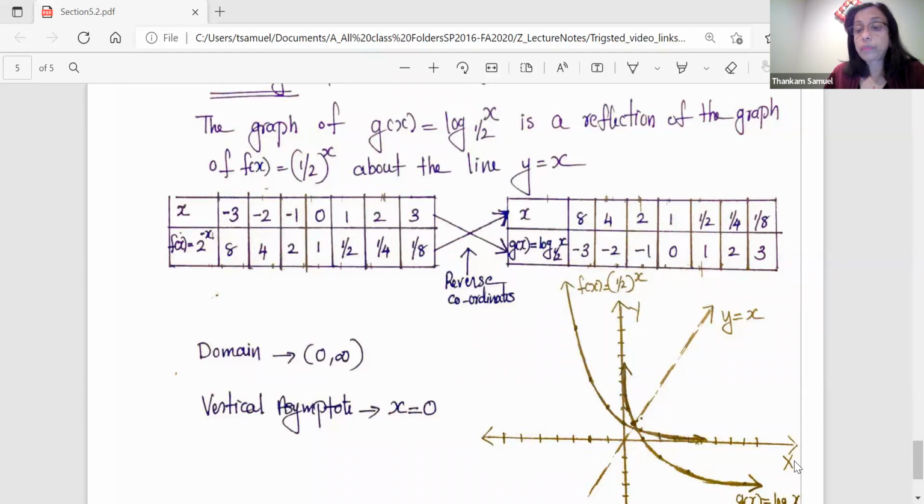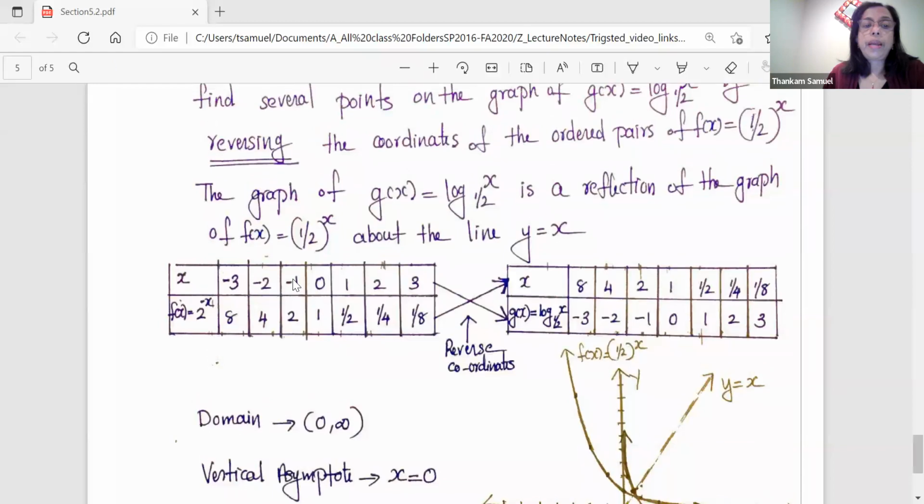That's the set of all x values. And the range is, it's approaching the x-axis, but it doesn't touch the x-axis. So you can take the range, the set of y values on this graph, as 0 to infinity, 0 with a parenthesis because 0 is not included. Okay. So we got the graph of the exponential function.